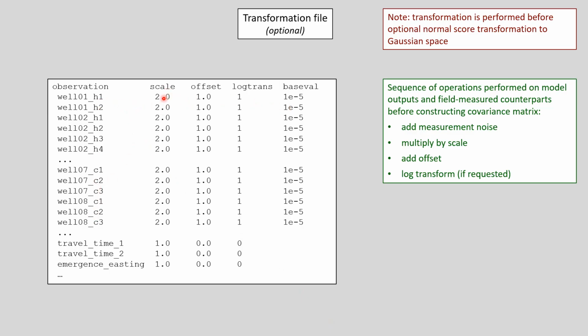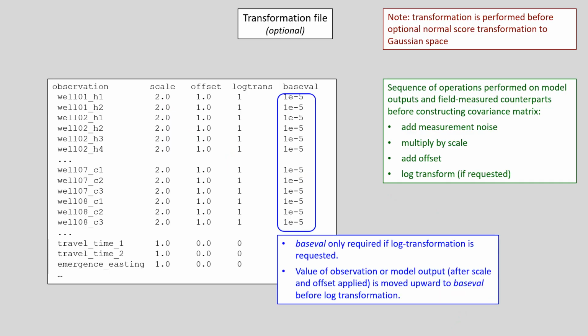First, we can multiply that observation and the model-generated counterpart to that observation by a scale, add an offset, and optionally undertake log transformation of the outcomes of multiplication by scale and adding offset. And if the value is less than a certain number called base val, we move it up to that value before undertaking log transformation. So it's all very simple stuff and it's optional.